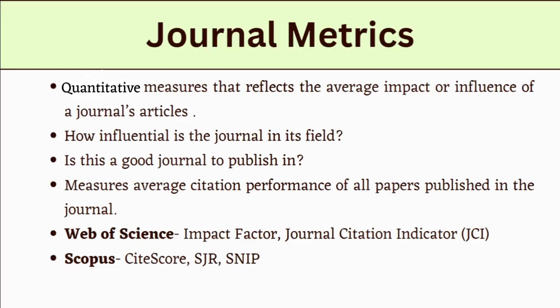These metrics don't measure the quality of individual papers, but rather the average citation performance of all papers published in that journal. The most widely used databases for journal metrics are, one, Web of Science, which provides impact factor and journal citation indicator, and second, Scopus, which provides CiteScore, SJR, and SNIP.